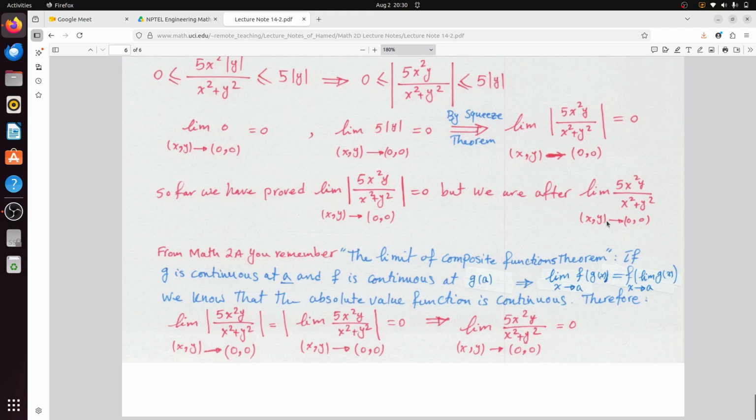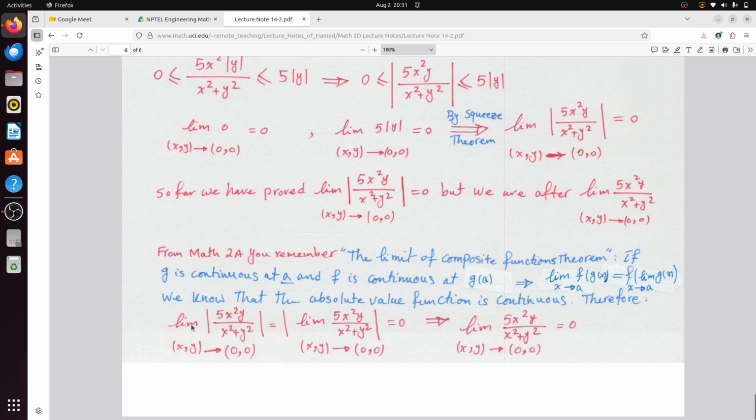But we are after the limit as (x,y) tends to (0,0) of 5x square y by x square plus y square. So you remember the limit of composite functions theorem: if g is continuous at a and f is continuous at g(a), then you can shift the limit inside the function.